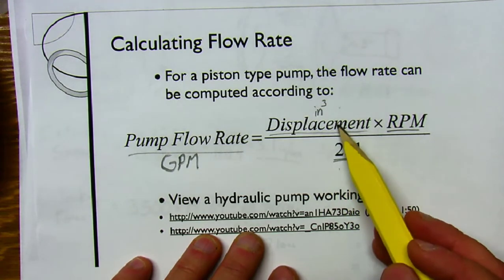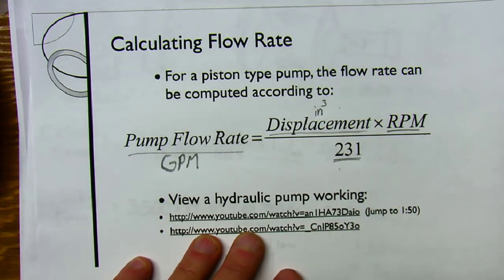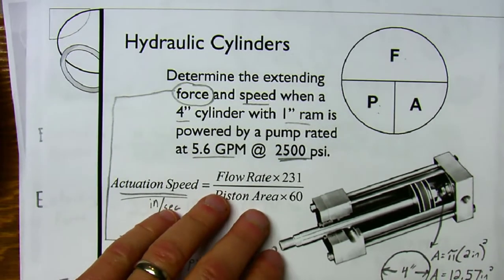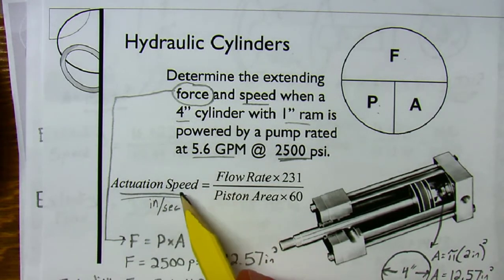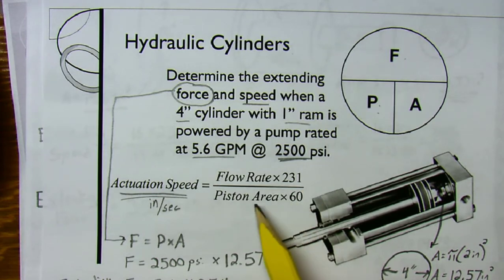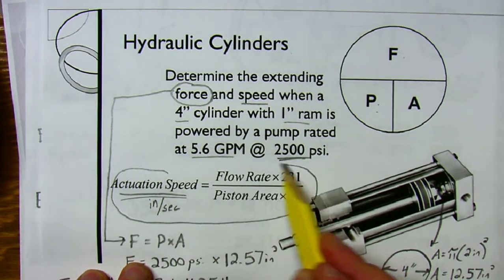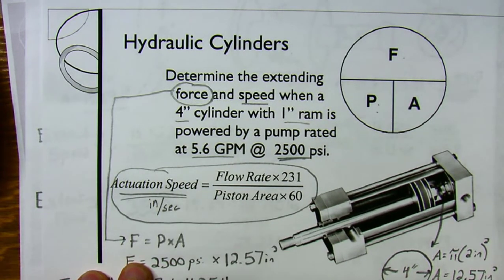Common mistake is to miss the number of cylinders when you're finding displacement, so be careful of that. Then once you know your flow rate, you can figure out actuation speed. Actuation speed is your flow rate times 231 over your piston area times 60. That's in inches per second. There's your second formula. Make sure that one goes on your sheet.